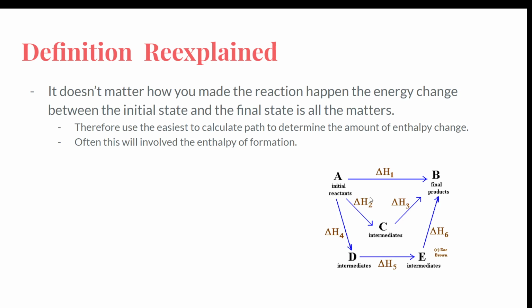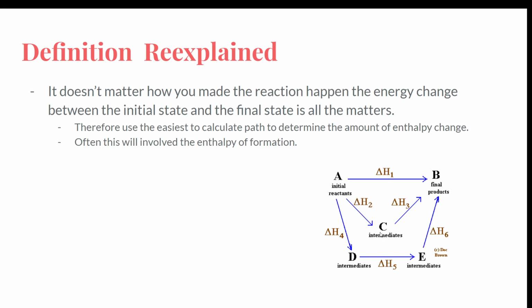We're going to imagine instead that we have to go through some form of intermediates, okay? And what Hess's law states is that if we add the delta H, or the change in enthalpy, going from A to C, and add that to the delta H of going from C to B, then we're going to get the same answer as we have for delta H1 right here.